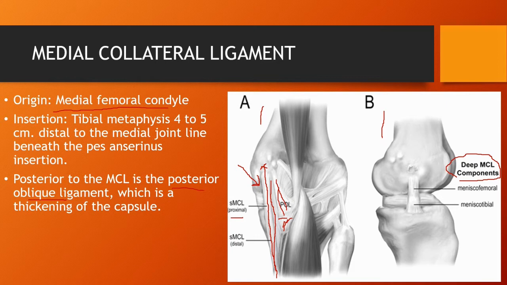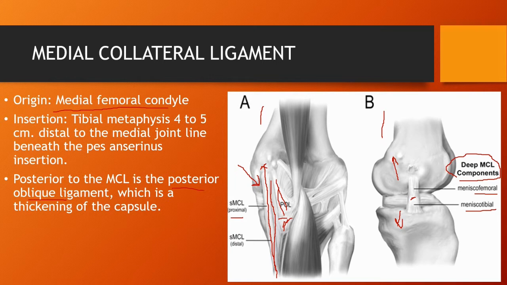And this is an interesting ligament because it has attachment on the tibia, it has attachment on the femur, and then it has a central attachment on the medial meniscus. So the superior portion of the ligament is referred to as the meniscofemoral portion. The inferior portion is referred to as the meniscotibial portion.